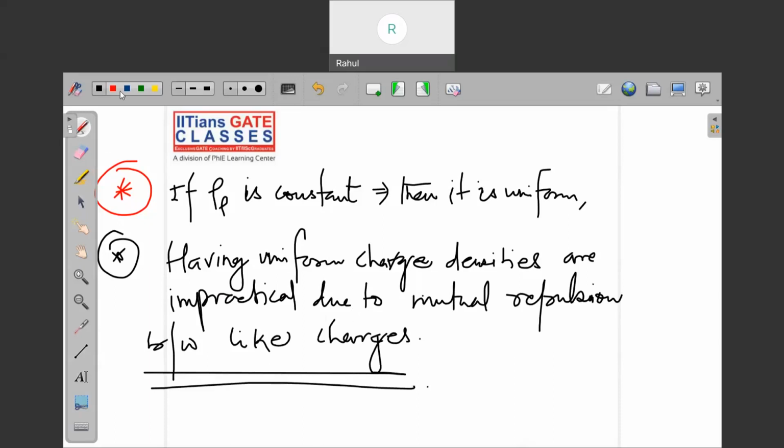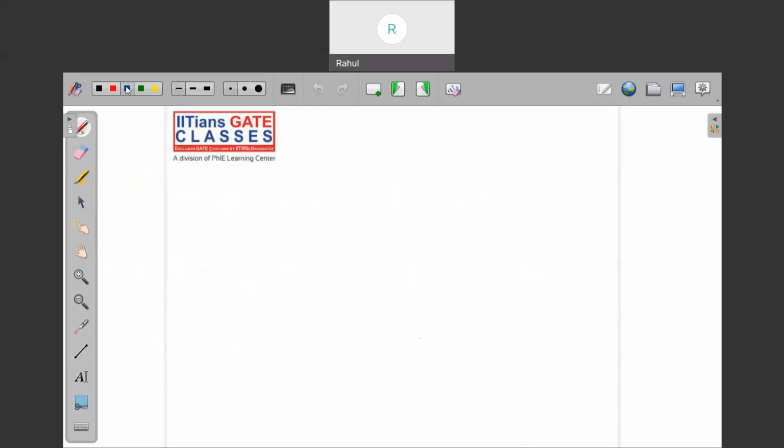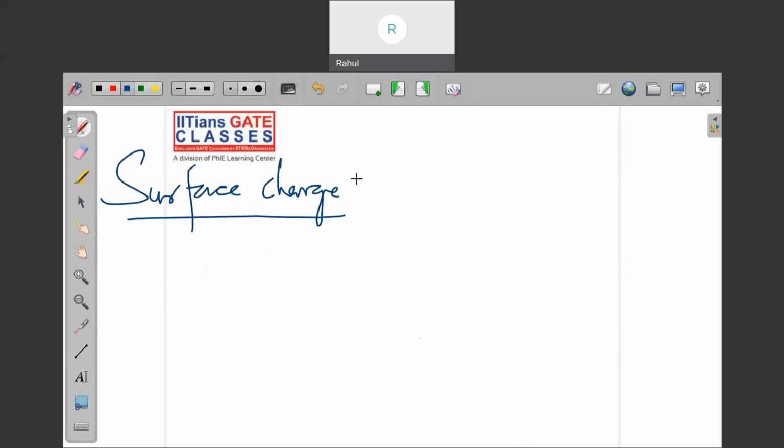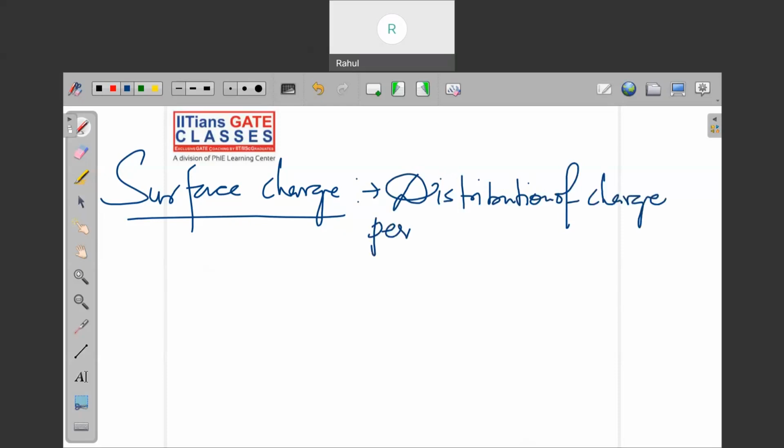So now I hope this is clear for everyone, how to compute total charge. Let's talk about surface charge. If the charges are distributed per unit area, that is the distribution of charge per unit area.